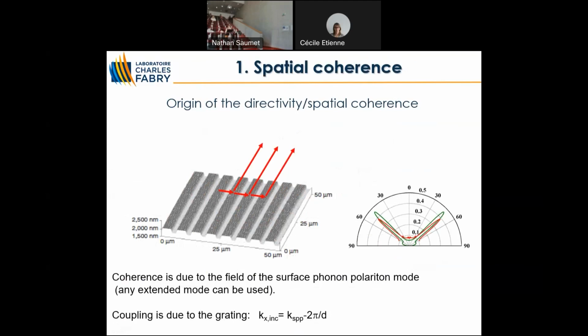From the fact that each single incoherent source, which is here, could emit a photon, which does not happen very efficiently because you see that the emissivity is smaller than 10%, or it can excite a surface phonon polariton. If it excites a surface phonon polariton, this polariton propagates over large distances, and this is what is producing spatial coherence over the surface. And it's scattered at a well-defined angle.